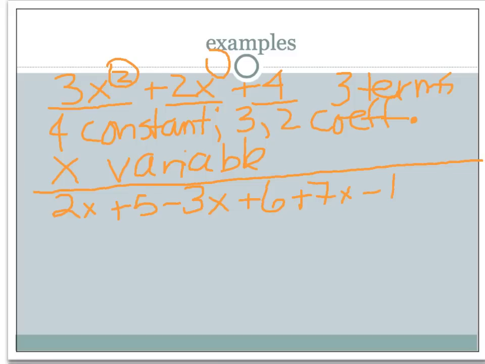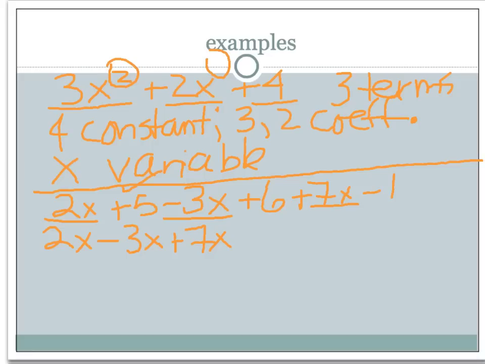Well, the first thing I want to do is I'm going to rearrange this so all my like terms are together. So I have 2x, I have minus 3x, and I have 7x. So I'm going to rewrite the expression so all my x terms come first. So I have 2x minus 3x plus 7x.